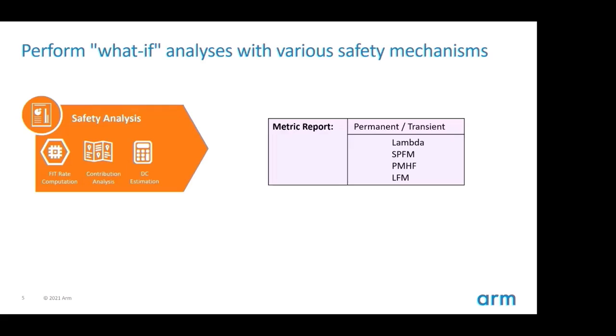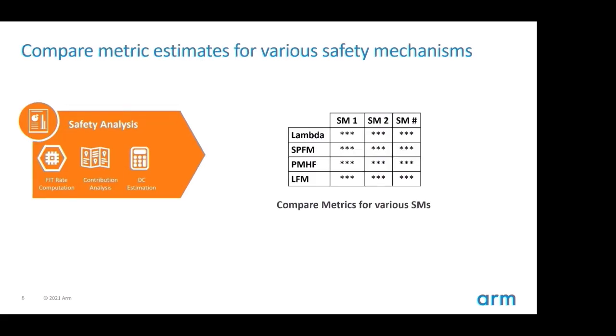I see. We now have a decision metric. For different configurations of the IP and different safety mechanisms, what is the result, for example in terms of SPFM permanent and SPFM transient? So you build the decision matrix, then pick the one that meets your criteria and use that to go for implementation.